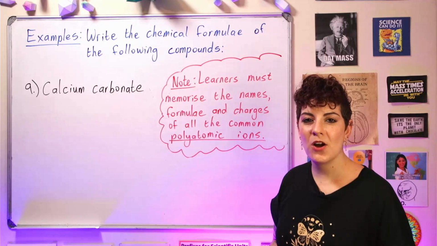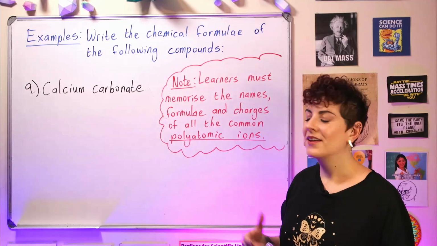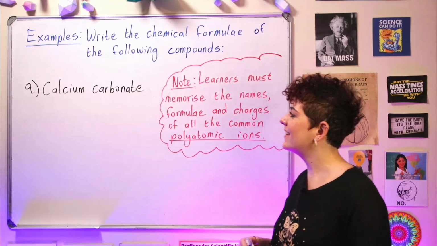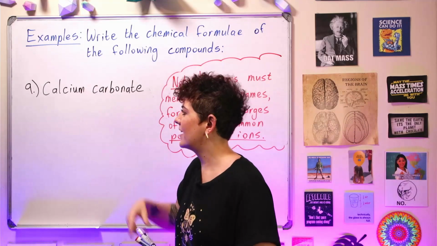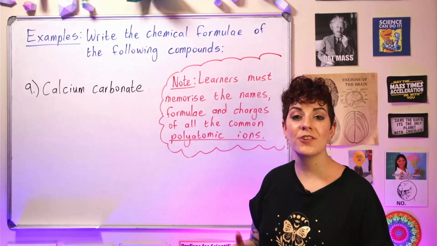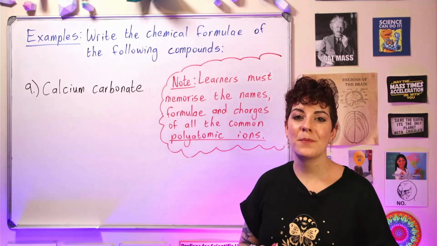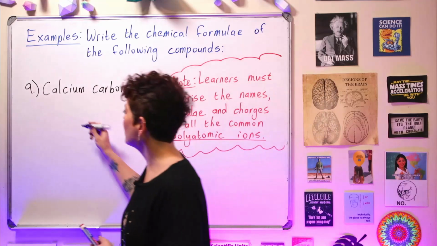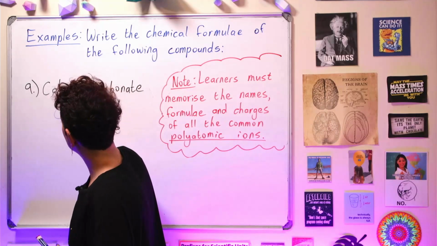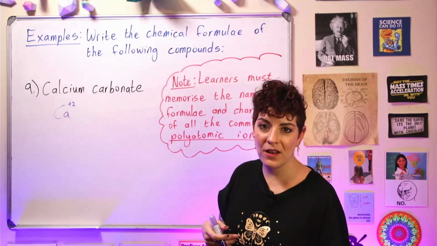Right, onto example number 9, which also will involve a polyatomic ion. The name of the compound given is calcium carbonate. Now, the first step is to write the ions next to each other, starting with the positive calcium ion. Calcium is a metal in group 2, and the formula of the calcium ion is Ca plus 2, or if you prefer, Ca2 plus.